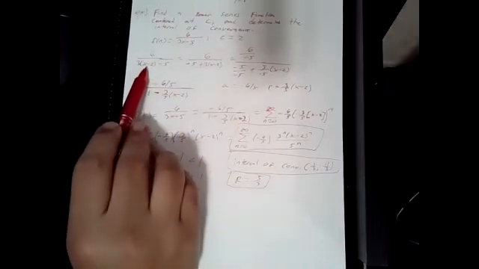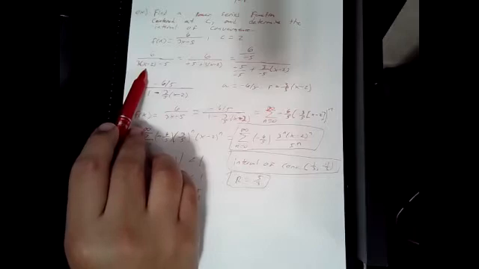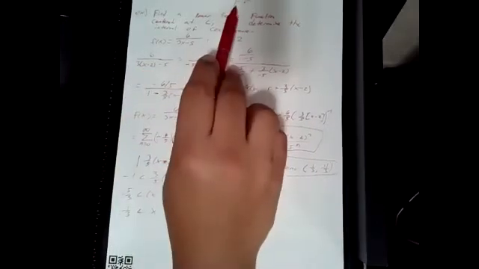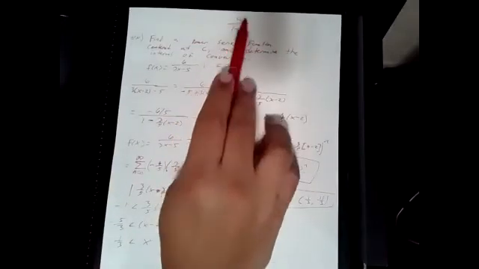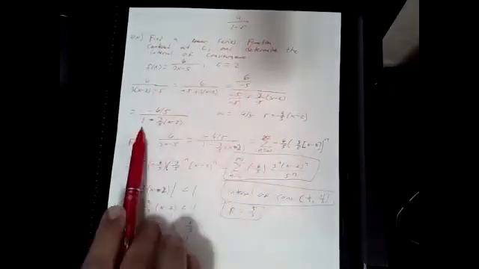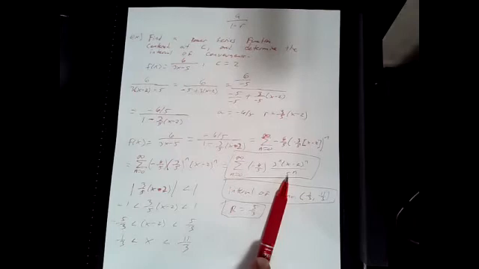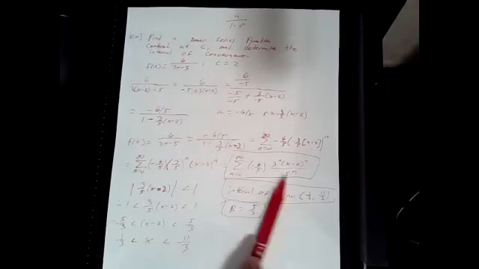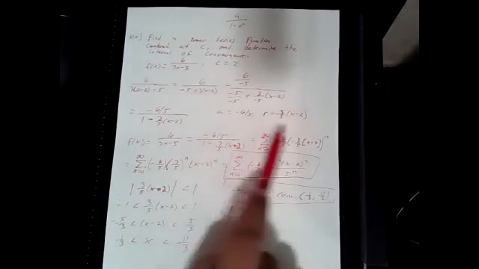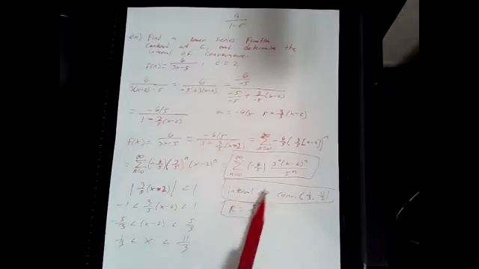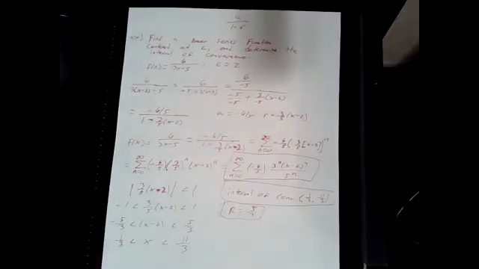So that's where this came from. And then after that, you're just trying to make it look like the geometric form. Once you get there, you apply the formula, which gives you the series. Then we go back, and using the geometric idea, once you have r, you can answer these 2 questions as well.